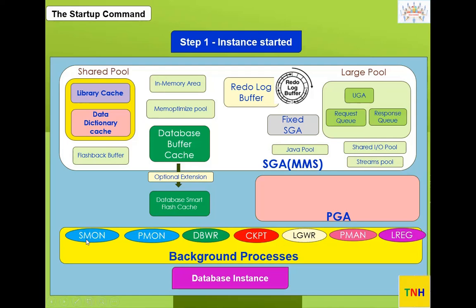Now these are mandatory, that's why I have mentioned. Starting from Oracle 19c database, these background processes are mandatory. Those things must be up and running in order for the Oracle database to function properly.